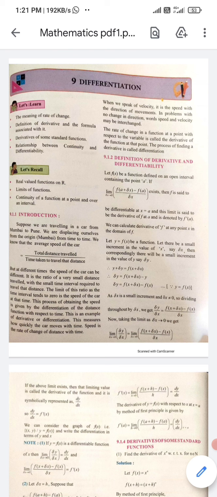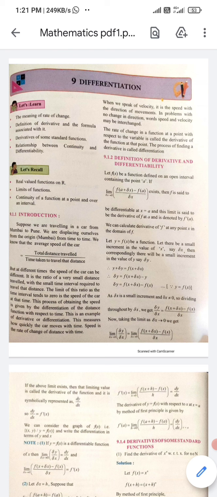Find the derivative of log x with respect to x. f(x) is log x, f(x+h) is equal to log(x+h). From the definition, f'(x) = limit h tends to 0 of [f(x+h) - f(x)] / h, which is [log(x+h) - log x] / h. So here log is common: limit h tends to 0, log((x+h)/x) divided by h.